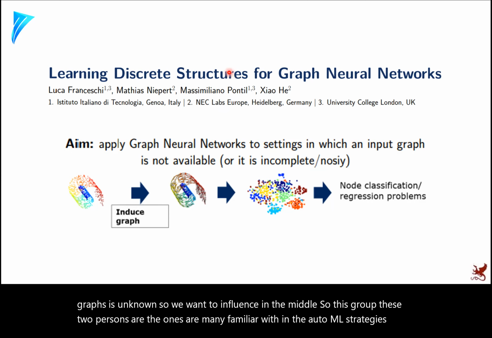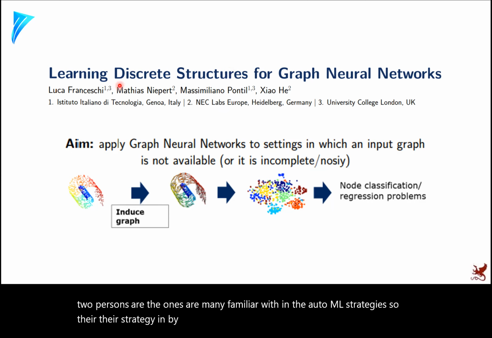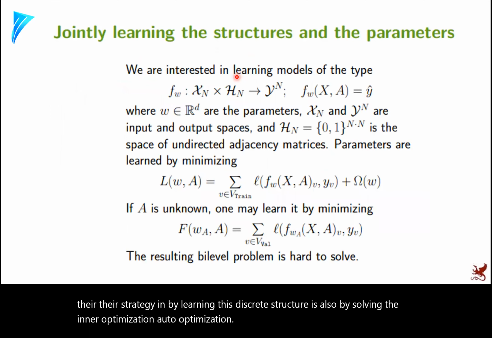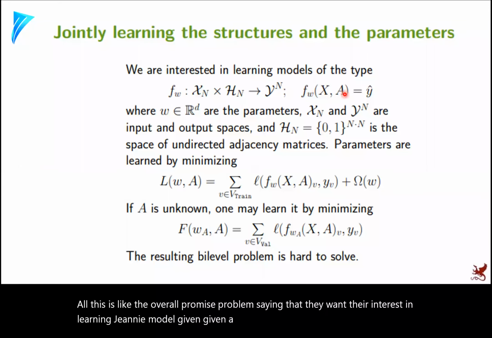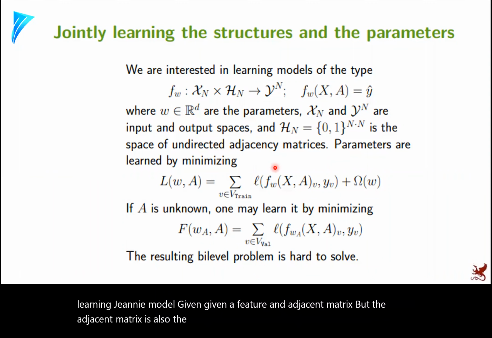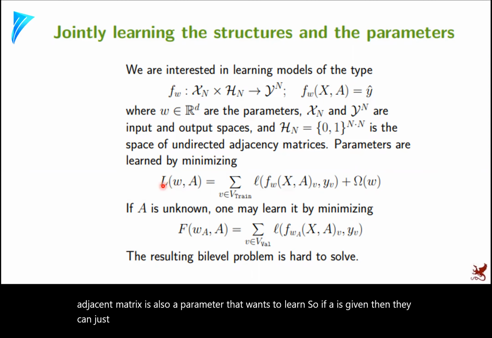Their strategy for learning this discrete structure is also by solving an inner optimization and an outer optimization. This is their overall problem setting: they are interested in learning a GNN model given features and the adjacency matrix, but the adjacency matrix is also a parameter to learn. If A is given, they can just train the weights of the GNN through this loss.